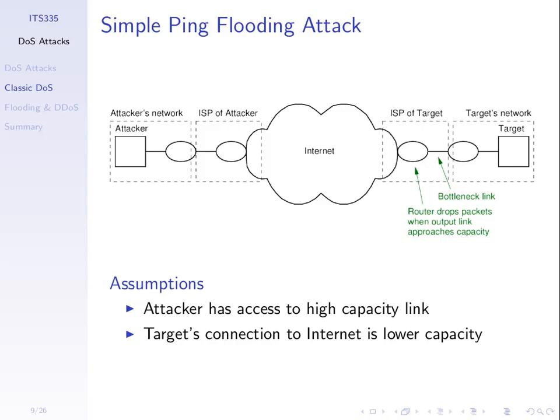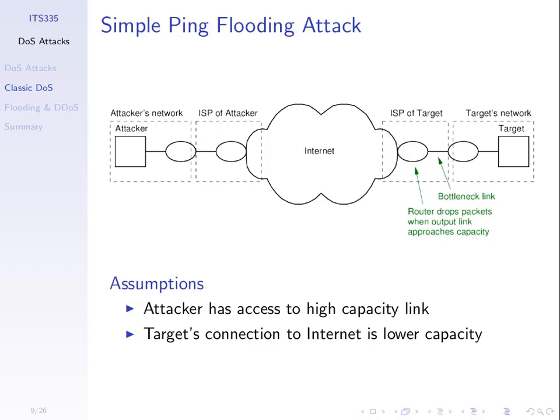Internally for the target's network, they've got a fast LAN, but when they pay for a connection to their ISP, that's the most expensive part, and therefore that's the slowest part of the network. Across the different ISP networks, such as True's network and TOT's network, they have very high speed links, but going to the end customer, that's one of the slower links. So let's assume that's the bottleneck link.